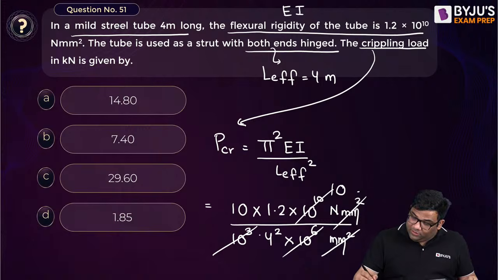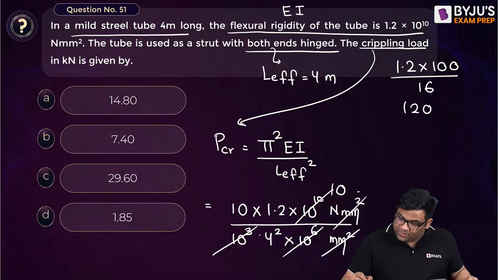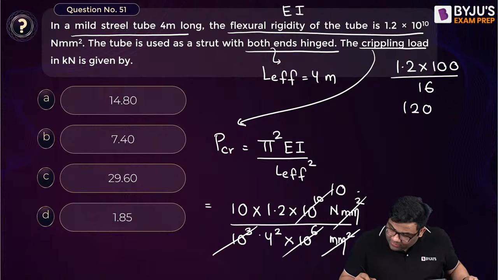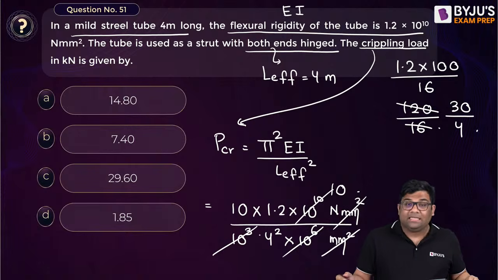So this will be 1.2 into 100 divided by 16. Or I can say 120 by 16. Or if I divide by 4, 30 by 4. The answer is 7.5.